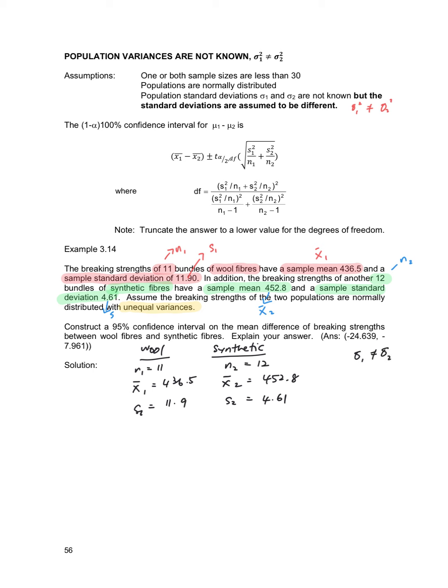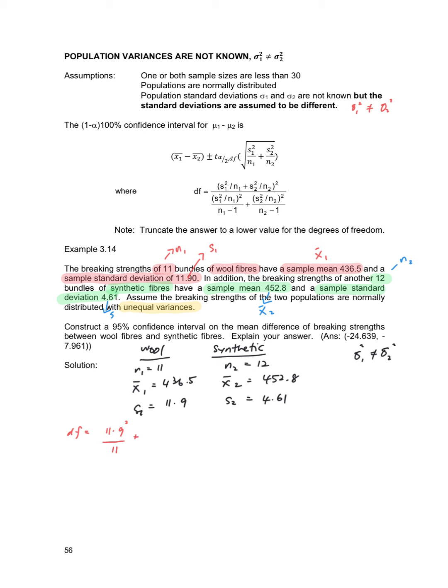Since the variances are assumed unequal, we need to find the degrees of freedom first. So our DF equals 11.9 squared over 11, plus 4.61 squared over 12, then square the whole thing. Don't forget to square because 11.9 is the standard deviation, and based on the formula it is S1 squared, which is variance.